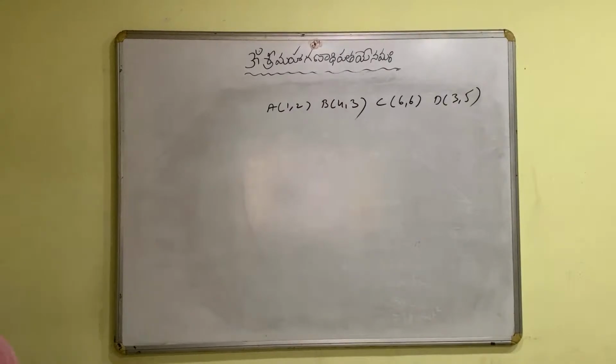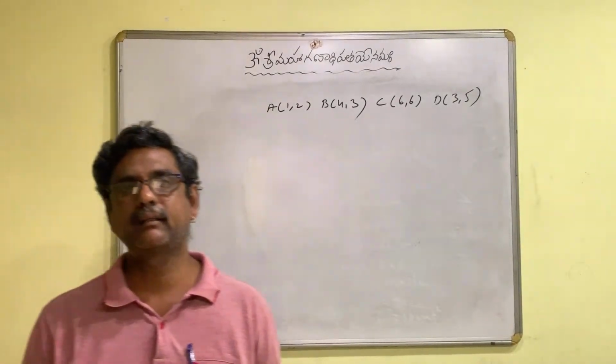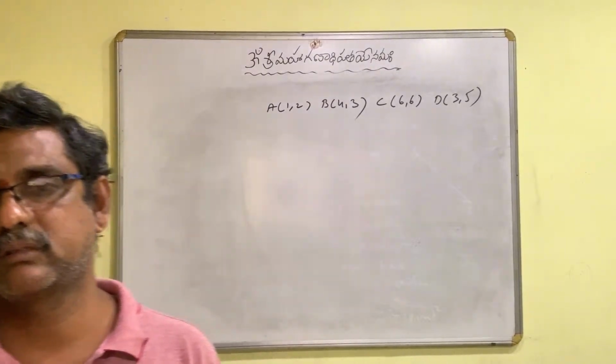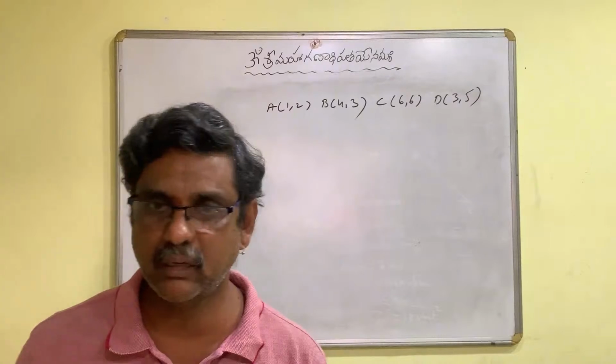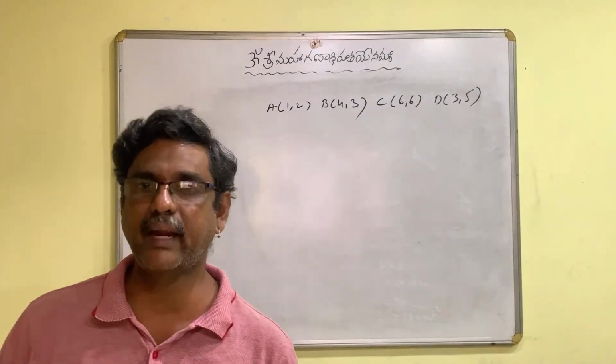Show that these are the vertices of a parallelogram, and even show that they do not form a rectangle. Two questions. Prove that these are the vertices of a parallelogram. Not only that, we have to prove they do not form a rectangle.